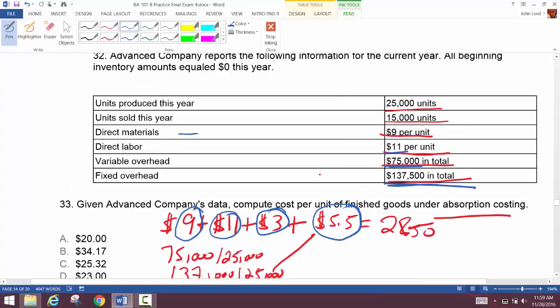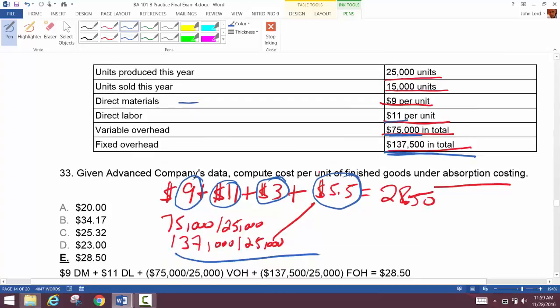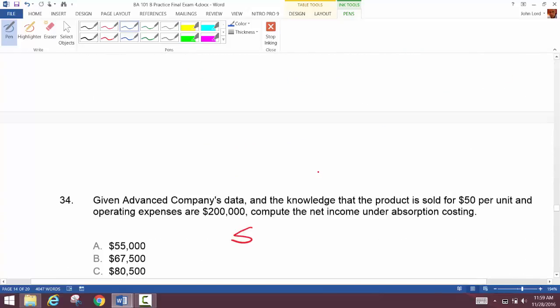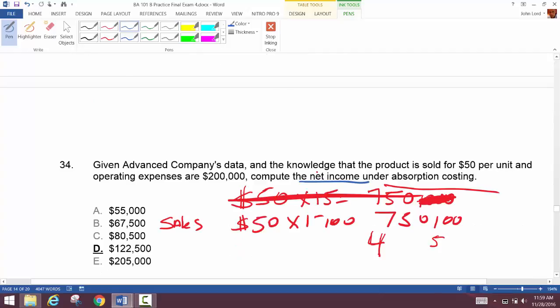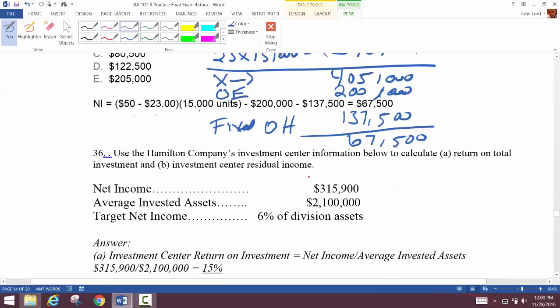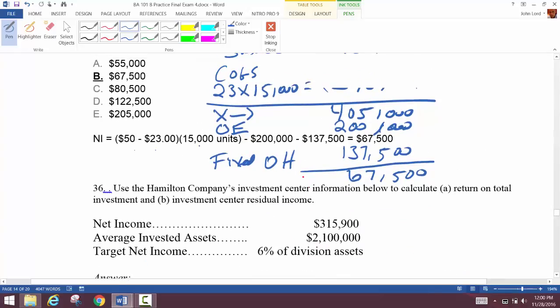They produced 25,000 units, but they sold what? They sold 15,000. So that means there's 10,000 units sitting in ending inventory that still have the fixed cost contained in them. So if I take what? 550 per how many units? No, it's not 15,000.